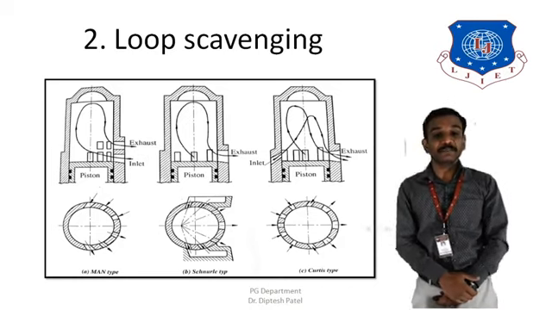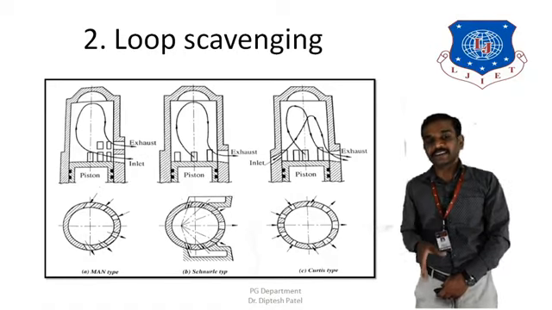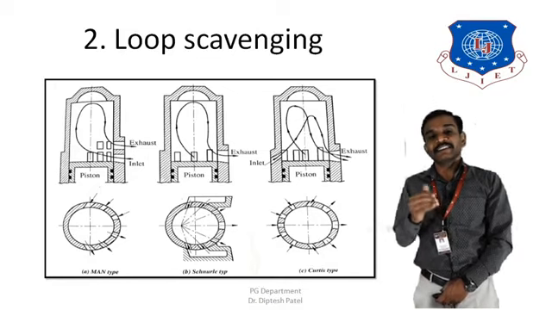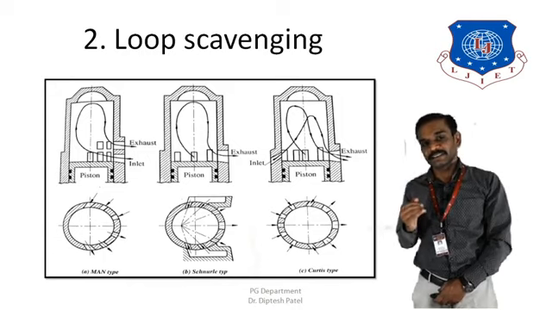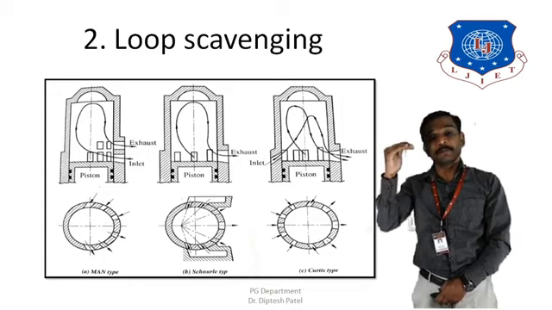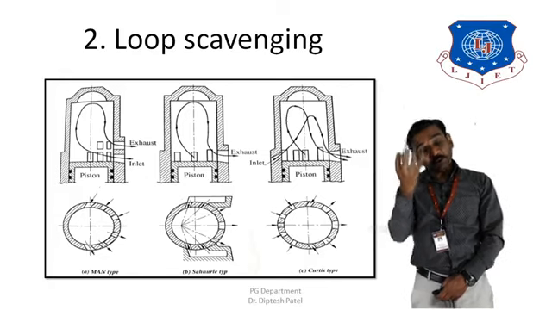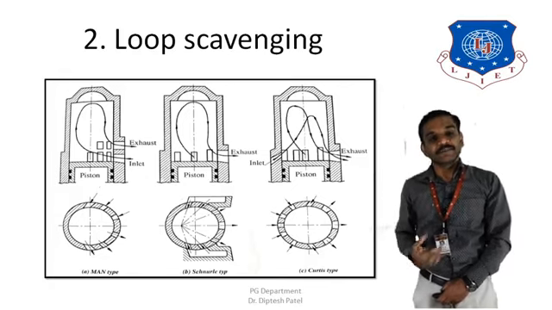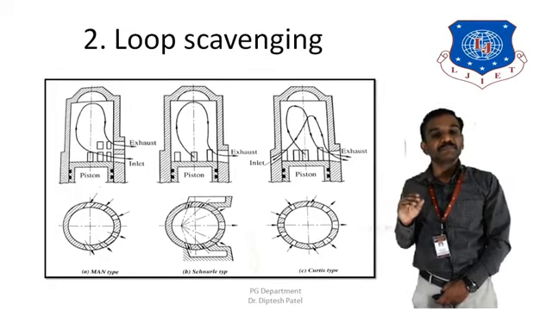The first one is the MAN type, in which both inlet and exhaust ports remain on the same side, but the inlet port would remain at the lower stage, and the exhaust would remain at the upper stage. So while the piston moves from the top dead center to bottom dead center, first of all the exhaust port opens, and because of that the exhaust gases would start to leave the cylinder.